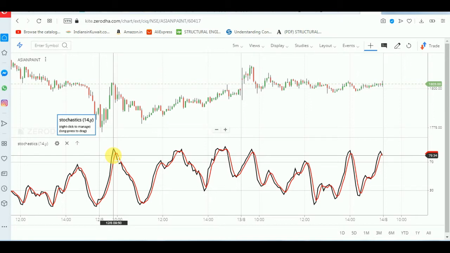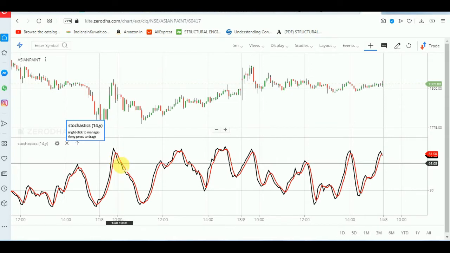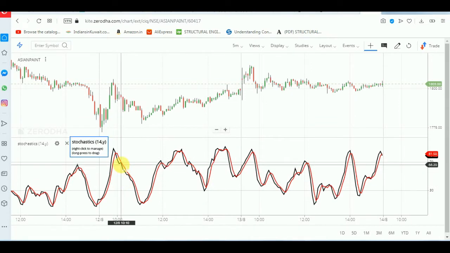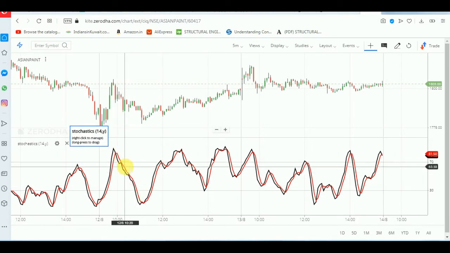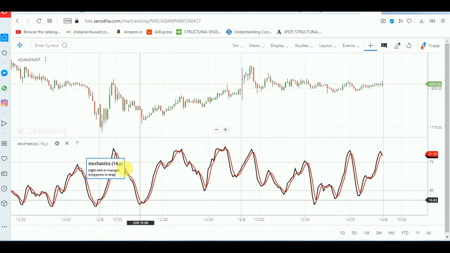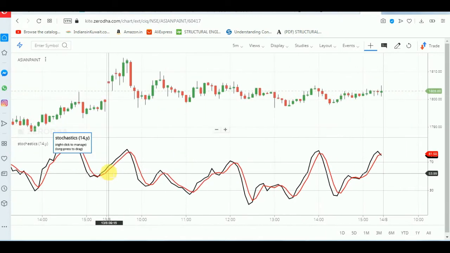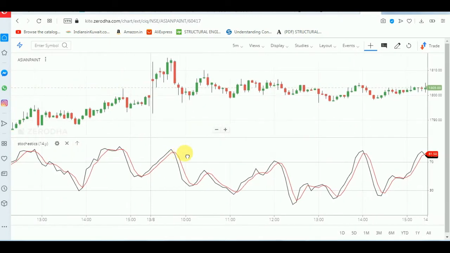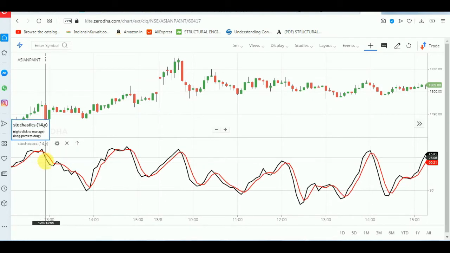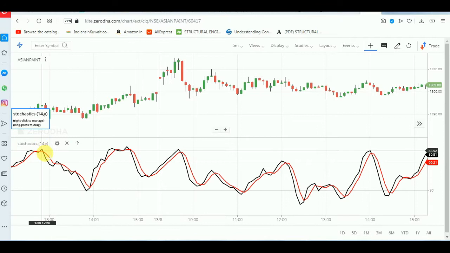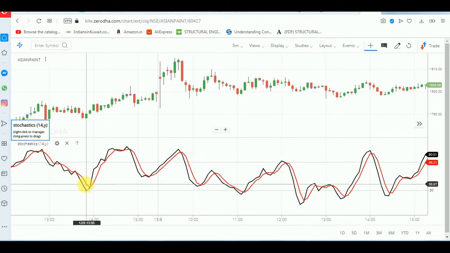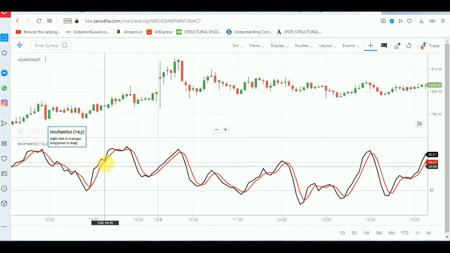So you can see here in the fast line you may see so much disturbance. In the red line you may not see so much disturbance. You can see it clearly here. There is so much disturbance in the black line, but in the red line you can see a very smooth movement.